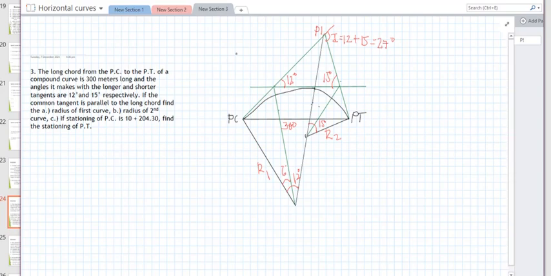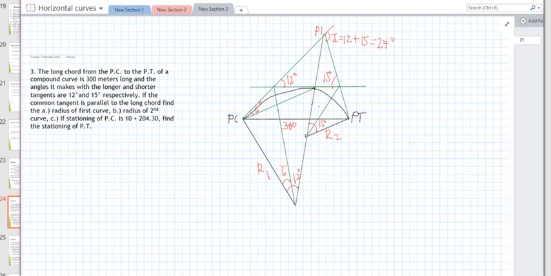So if we extend this line, the LC1 of curve 1 from this point to the PCC, the deflection angle on PC to the LC is also equal to 6 degrees. Right?